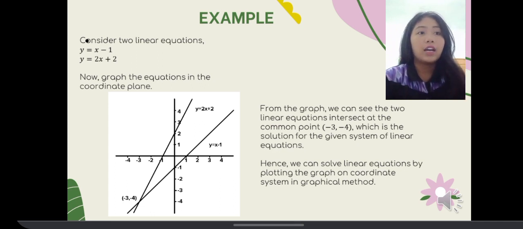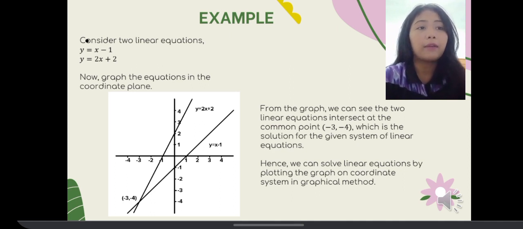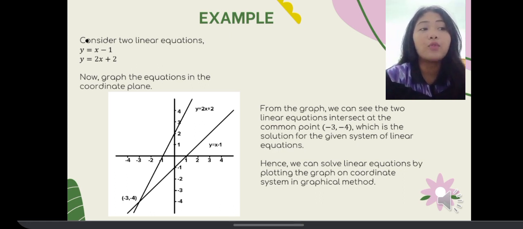So we found the coordinates and we have the graph like in the slide. From the graph, we can see the two linear equations intersect at the common point (-3, -4), which is the solution for the given system of linear equations. Hence, we can solve linear equations by plotting the graph on a coordinate system in the graphical method.